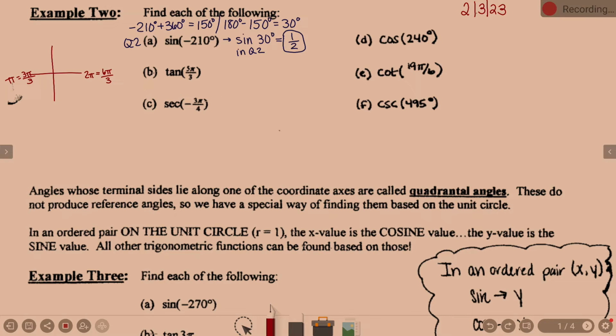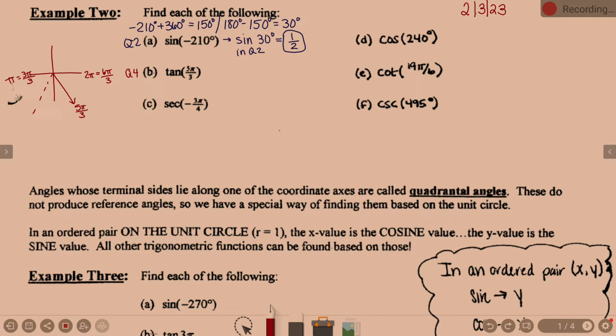I keep hoping it'll catch on, because yes, you look at the unit circle and you know what quadrant it's in, but there's something to be said for the skill of being able to figure out where it is. So 3, 4, 5, 6, and 5 pi over 3 is a quadrant 4 angle.